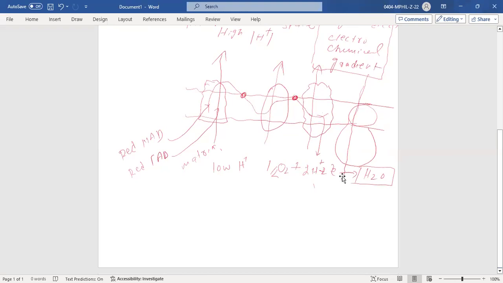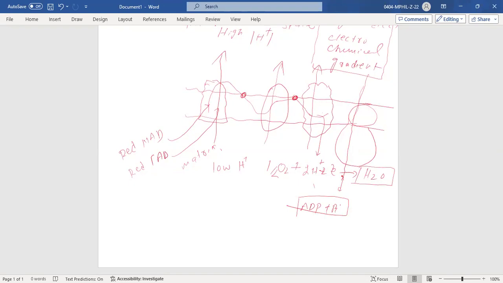On this side, for example, there is ADP already present, and inorganic phosphate is there. When the hydrogen ions transport from the inner membrane space to the matrix, they release some amount of energy, so that will combine this ADP with inorganic phosphate.